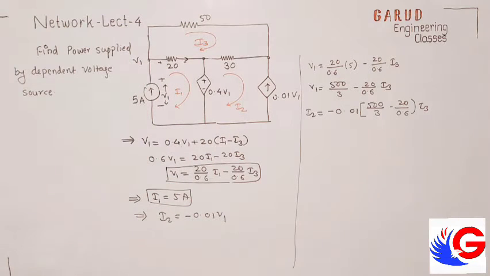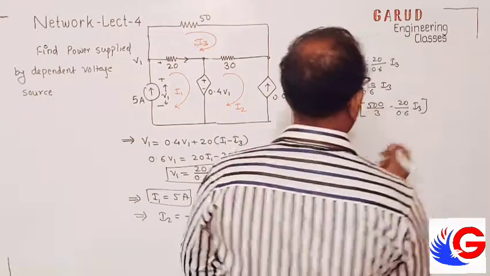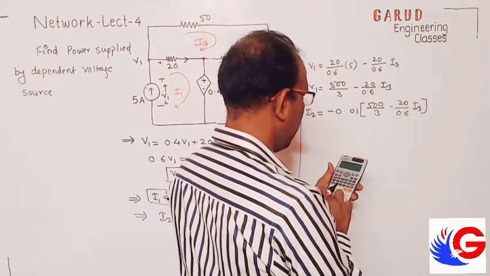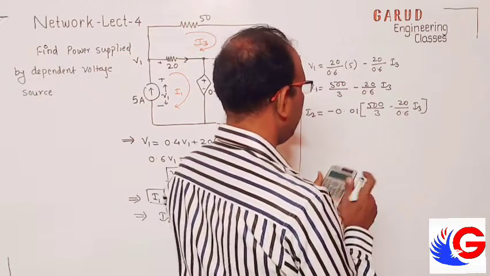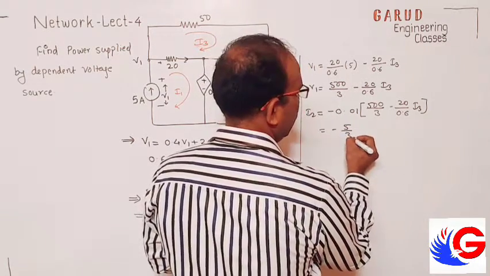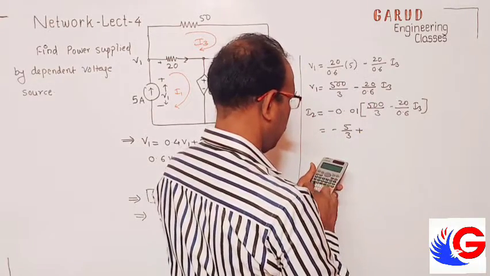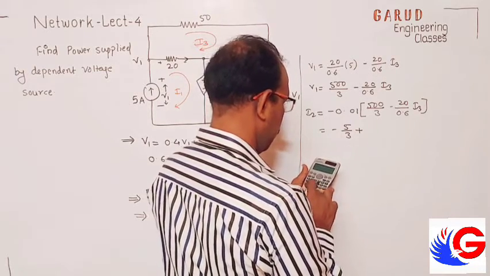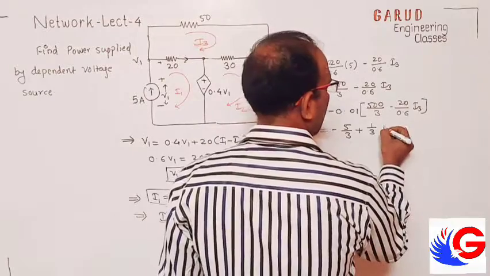We can use a calculator for this. 0.01 into 500 by 3 is 5 by 3, so minus 5 by 3 plus 1 by 3 I3.